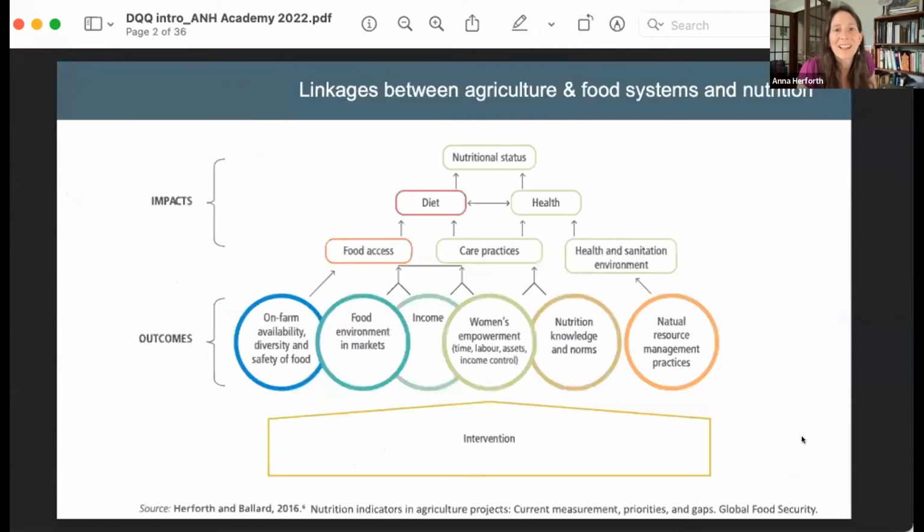And the motivation behind this came, in large part, from thinking about how to capture the linkages between agriculture and nutrition.